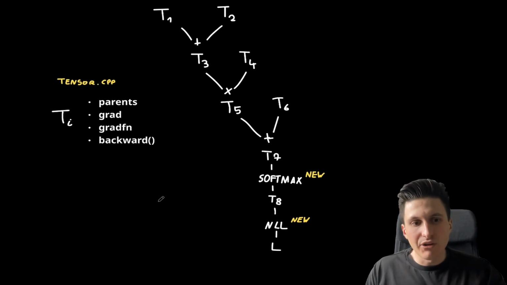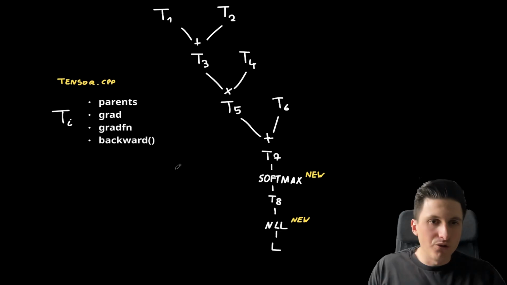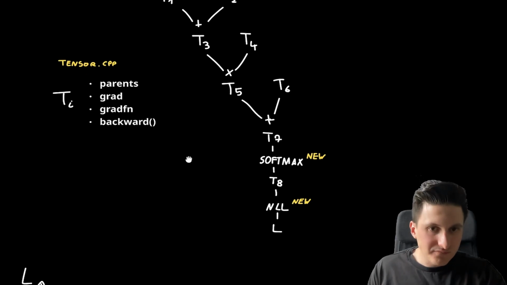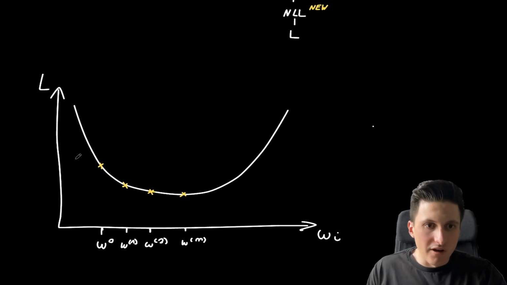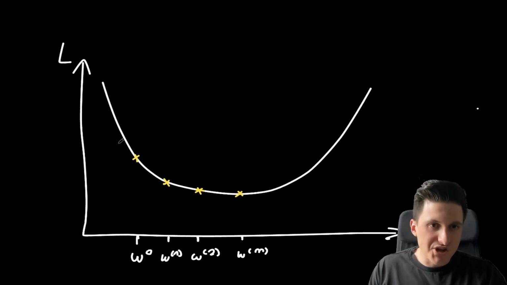But now we still need a strategy on how to actually update the weights of each tensor by using the gradient. And for some intuition, we start, for example, with a certain randomly initialized value for a certain weight, and we can calculate at each time the derivative of the loss with respect to that weight.